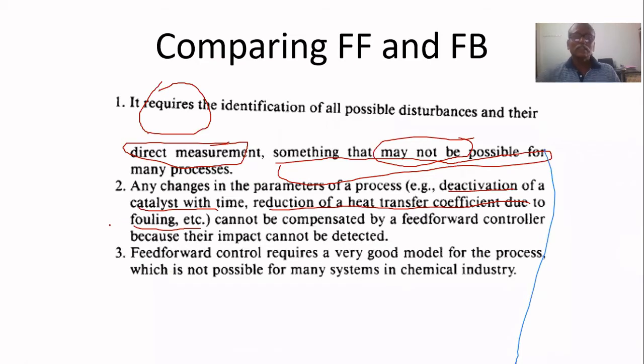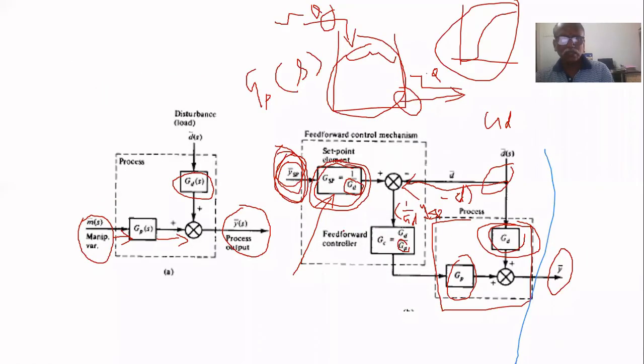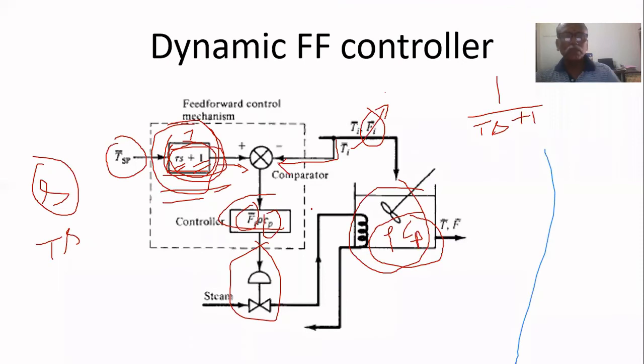Another thing is, suppose these parameters are varying. In that case, the controller itself introduces some disturbances, because these are not the correct values.